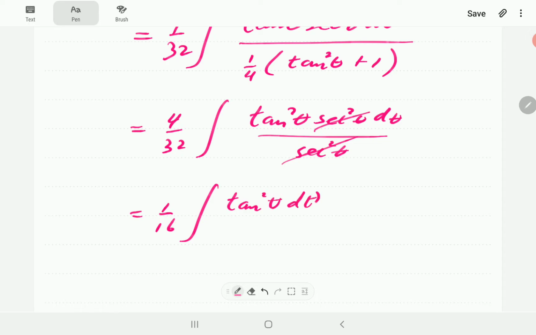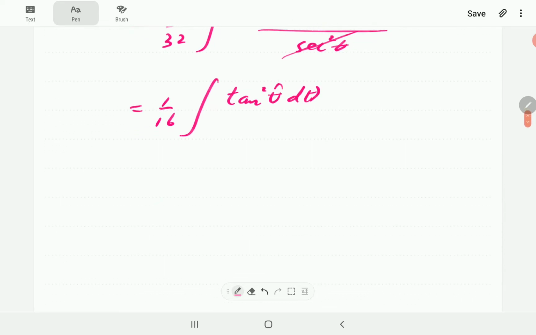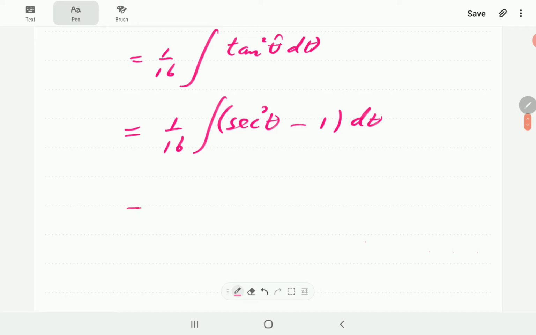Again, if you have watched our videos on integrating powers of tangent and secant, then you will remember that at this point we write this in terms of secant, because we can integrate secant squared. The integral of secant squared is tangent theta. The integral of 1 is theta plus c.